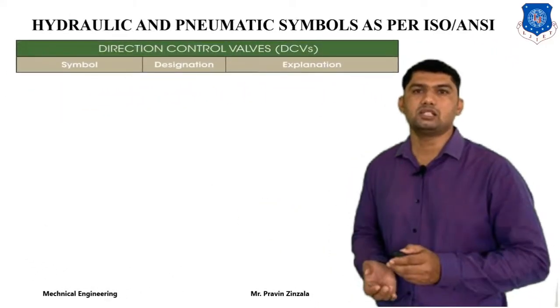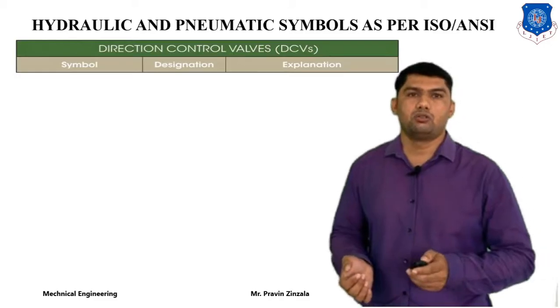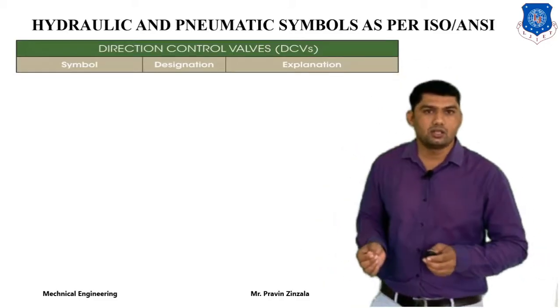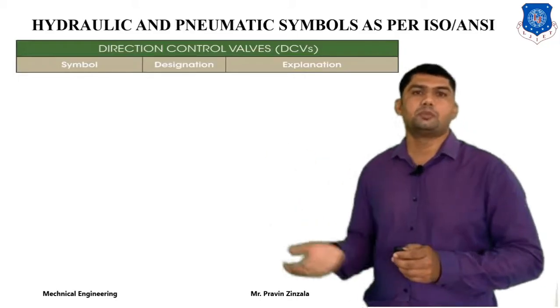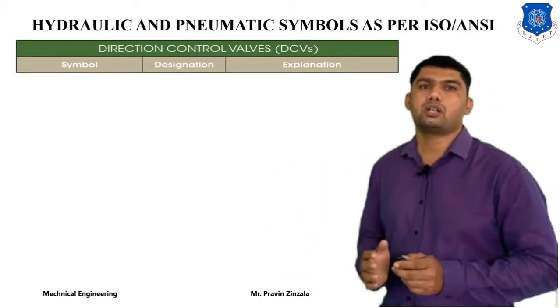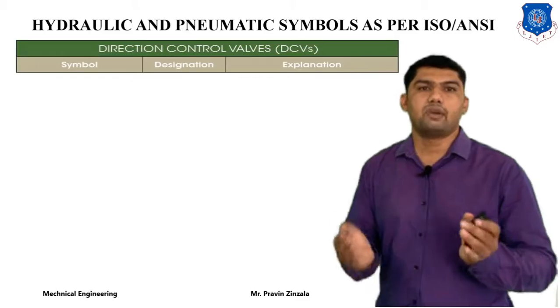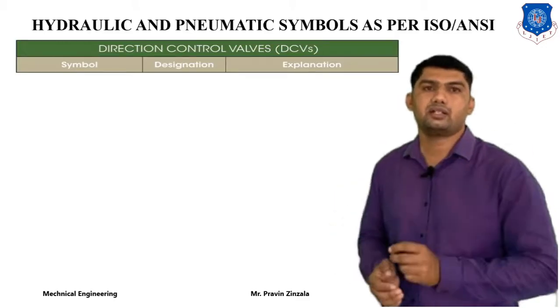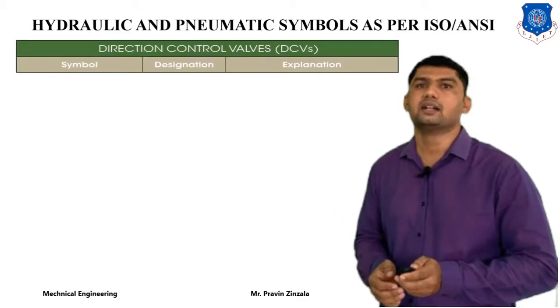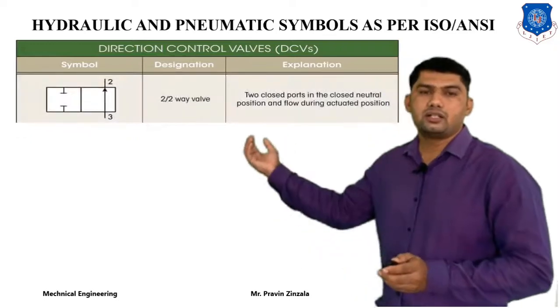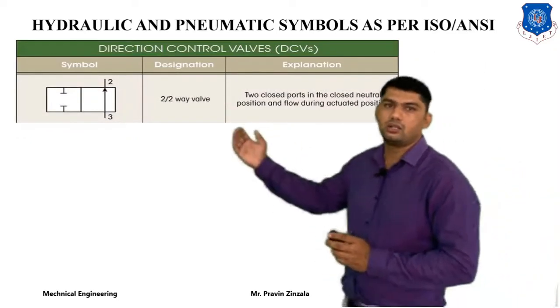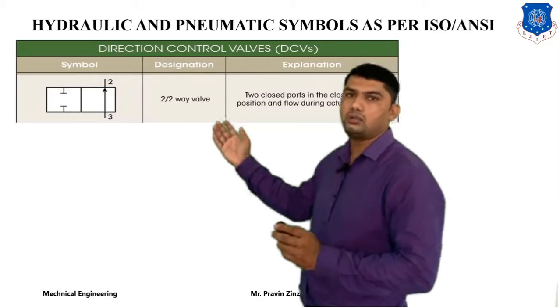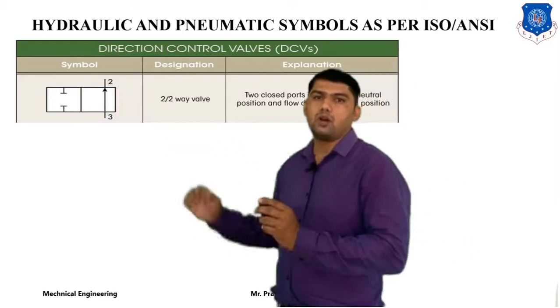Now we will discuss the direction control valve. The function of a direction control valve is to direct the fluid to a particular location as required, such as the extension and retraction of a hydraulic cylinder. The first is the 2x2 direction control valve. A direction control valve is designed according to square boxes.